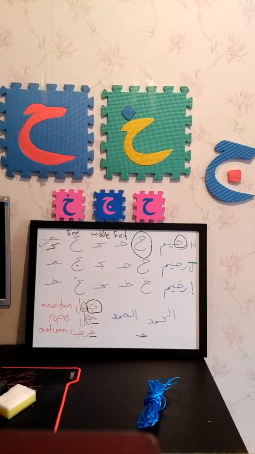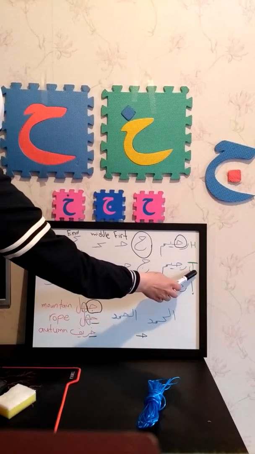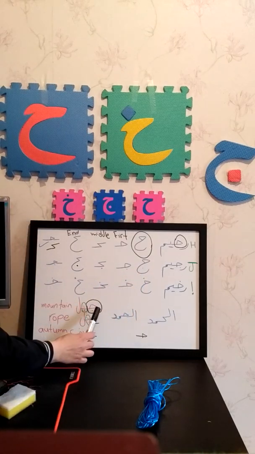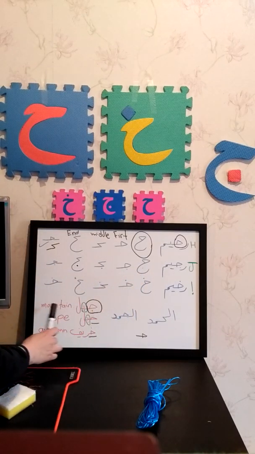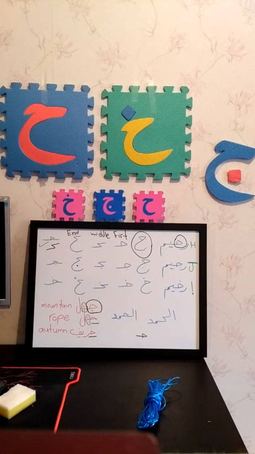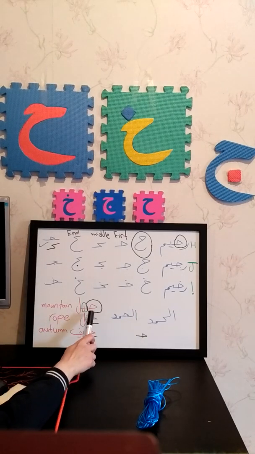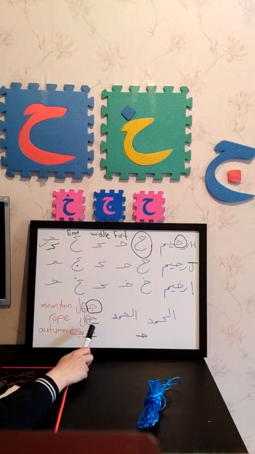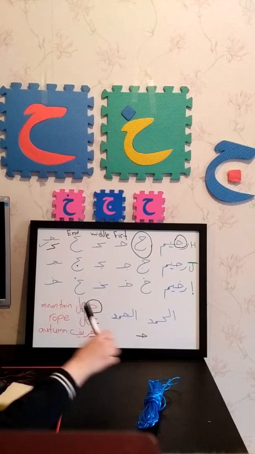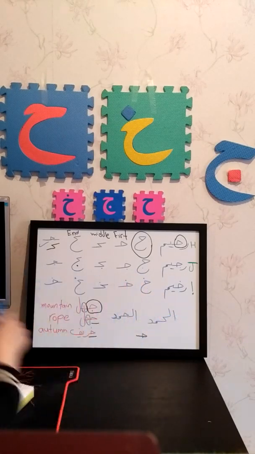So what's the meaning of jabal? It begins with jim, ja, jabal. It means mountain. And here, habil. This is habil, it means a rope.